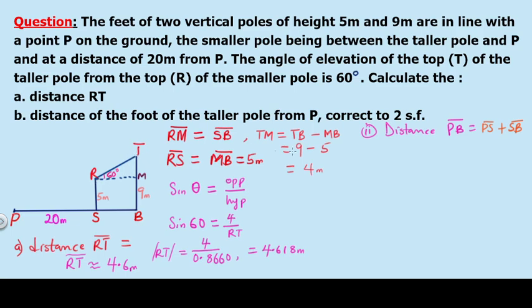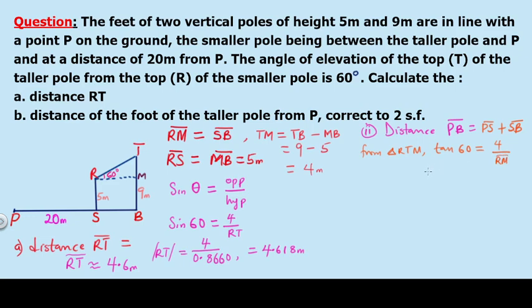So if we use triangle RTM, using tan, that's opposite over adjacent, tan 60 degrees equals the opposite, which is TM, 4, over the adjacent, which is RM.